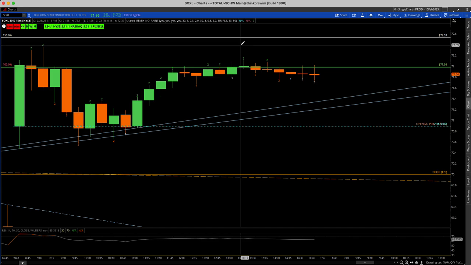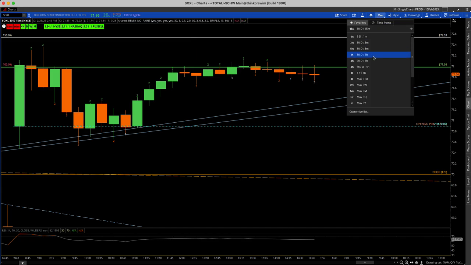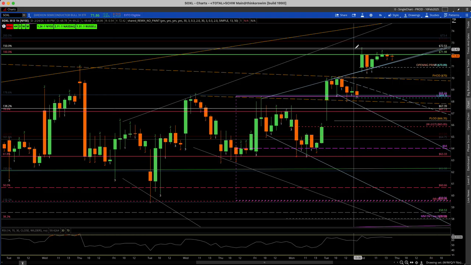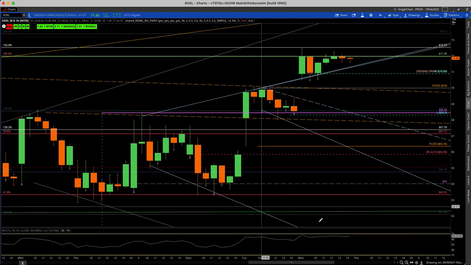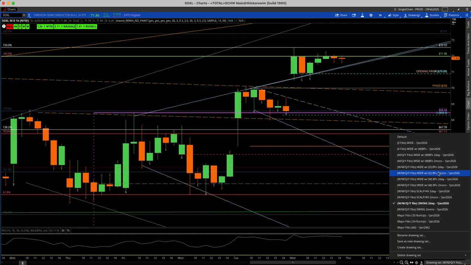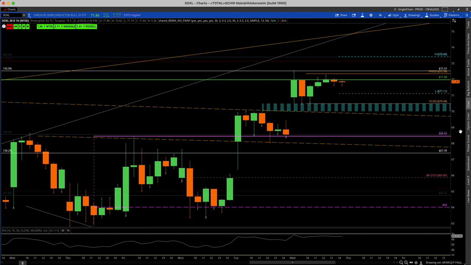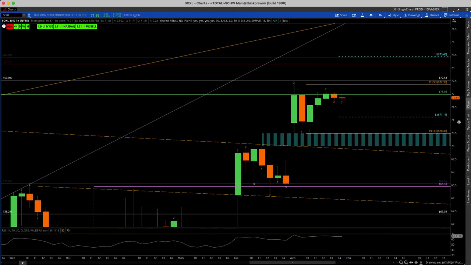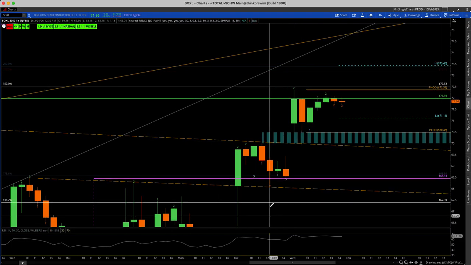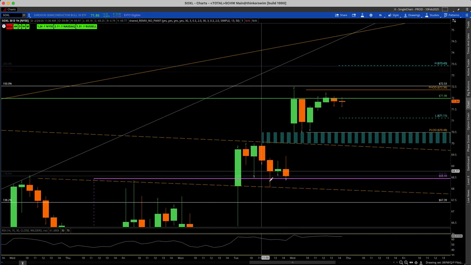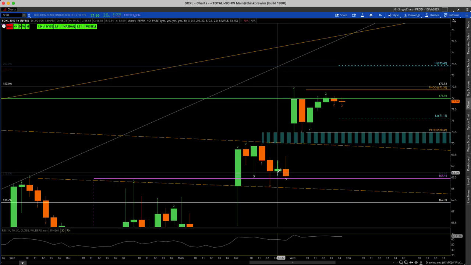All right, on the 1 hour, we didn't really do anything as far as trend is concerned, from the standpoint that we have not put in a higher low yet. Let's go to this. There we go. We have not put in a higher low yet. So yes, we did pop up and make that higher high, and I guess we can consider this a higher low in general right here.